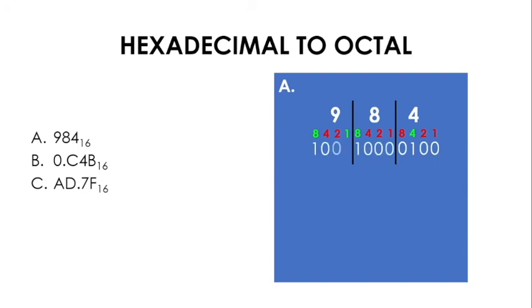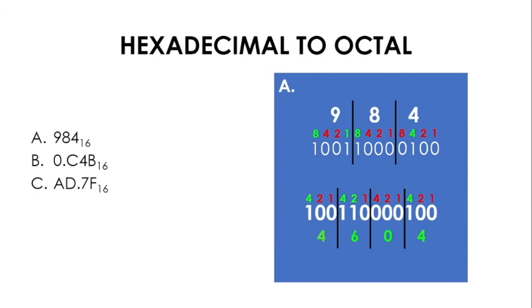So for the first example, 984 hexadecimal, the binary equivalent of it is 1001 1000 0100. We will convert it into octal, and the octal equivalent of this binary is 4604. So the octal equivalent of 984 hexadecimal is 4604 octal.